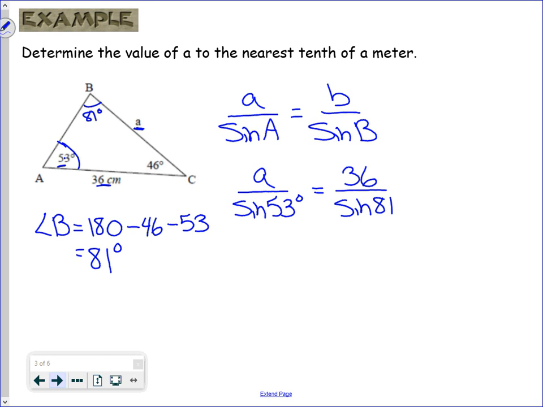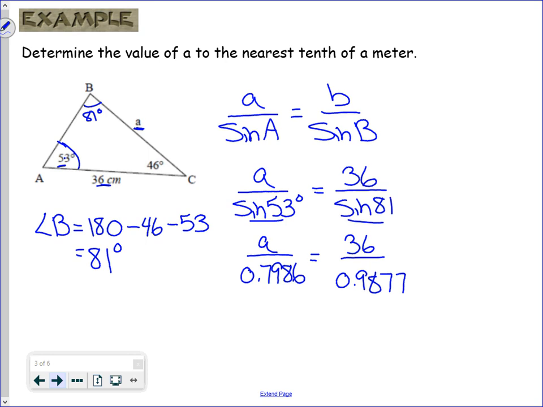So again, to start, we're going to determine the decimal value of sine 53 and sine 81. So sine 53 is 0.7986. Sine 81 is 0.98768. So we'll round that up to 0.9877.